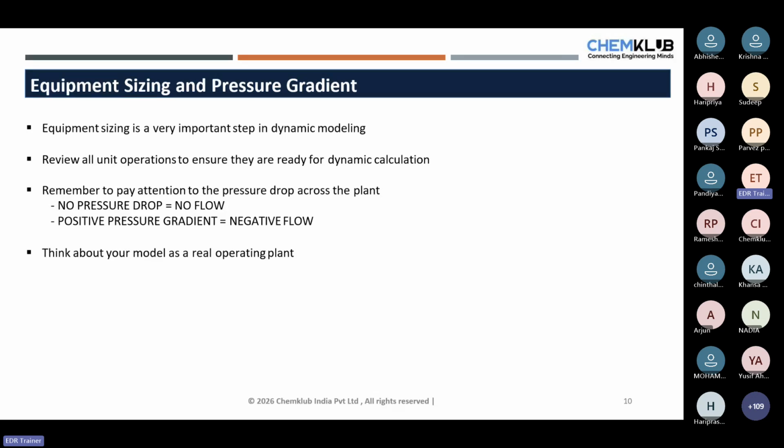So if the accumulation builds, and suddenly there is no flow, obviously the flow can move in the negative direction, or it can show you a negative flow. That means the direction of the flow is opposite to what you have assumed initially. So all that can be captured within the dynamic simulation.